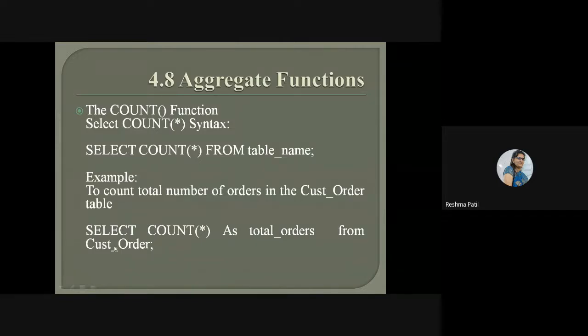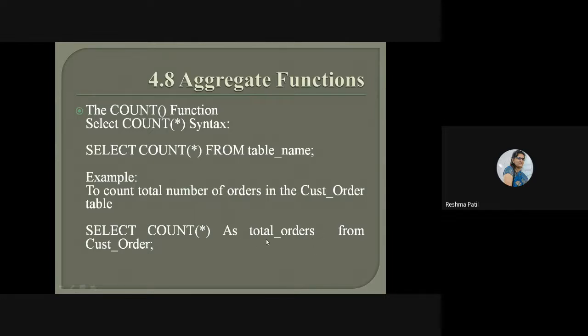But while showing the result, here we have also given the column name for the resultant table where we are going to show the result. Above this 100, you will see total underscore order as your column header.